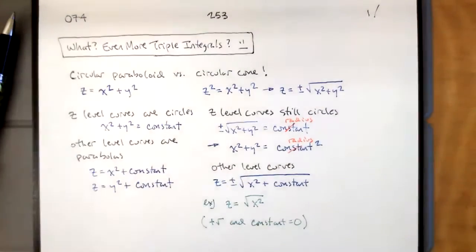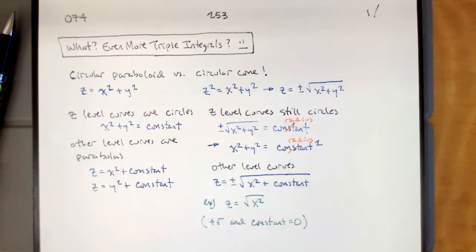So if we simplify this and take a look at one particular level curve where that constant is equal to 0, and so we're using y equals 0, we're going to look at what happens in the xz plane. And let's also just look at the positive square root. What we're getting is the square root of x squared, which is another way to find the absolute value of x.